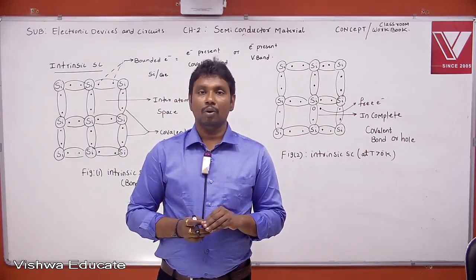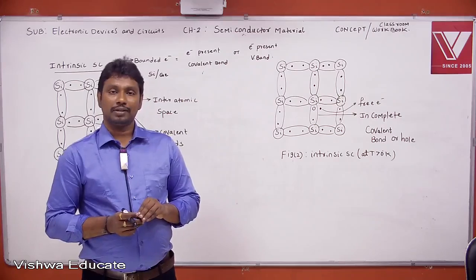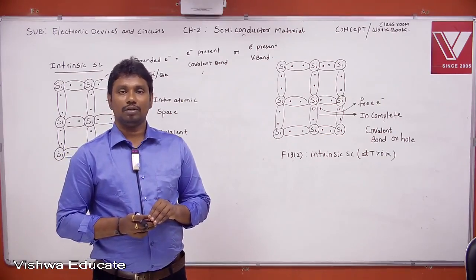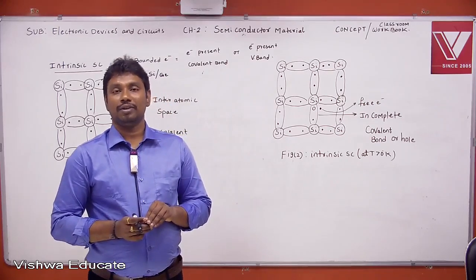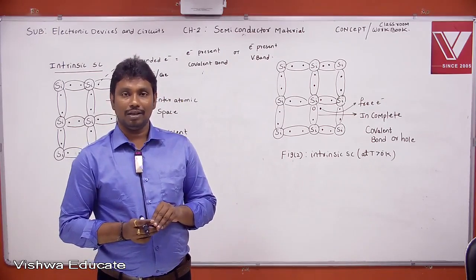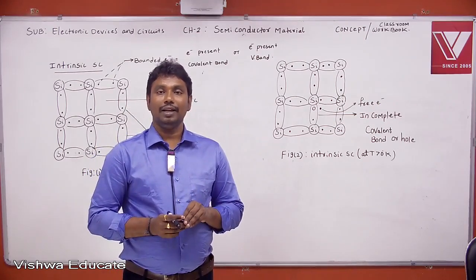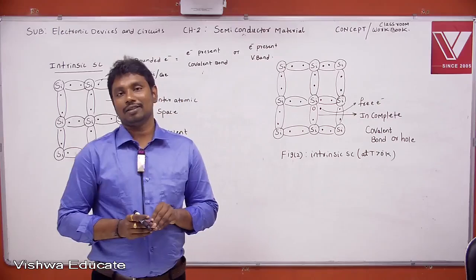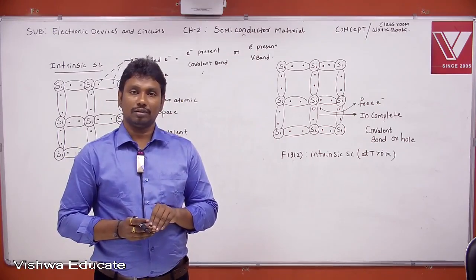Next point, bounded electron is equal to electron present in covalent bond or electron present in valency band. Next point, at T equal to 0 degrees Kelvin, all electrons behave as bounded electrons.